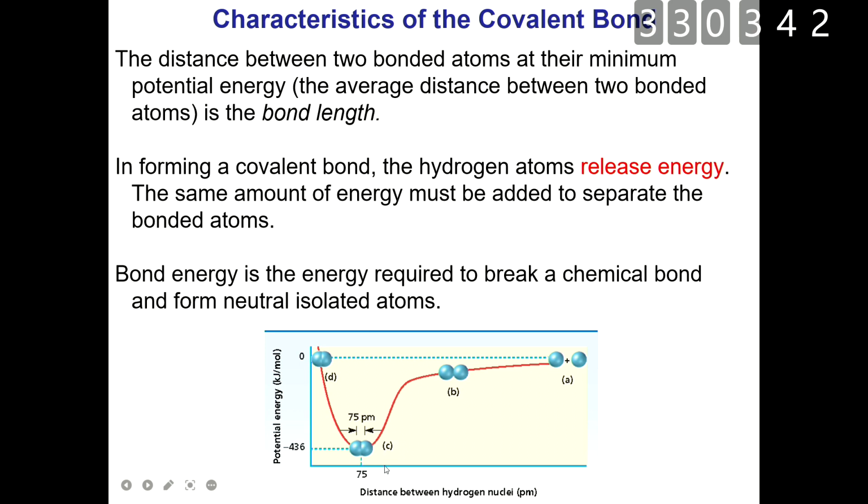If from C to A, how to do it? Yes, we should provide energy, right?